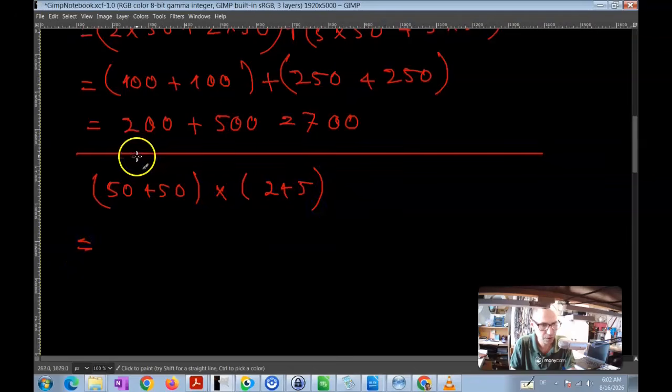I'm going to say essentially the exact same thing, meaning multiplication distributes over addition. So first I'm going to say that these two are going to be multiplied by these two numbers.